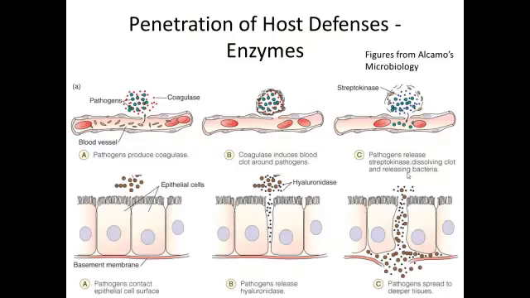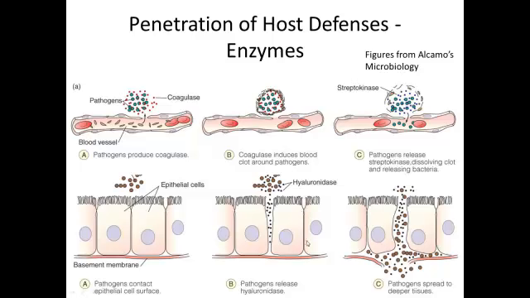Now here's another situation. We've got epithelial cells lining the mucous membrane, and we always have a basement membrane. This keeps stuff out. Well, a pathogen grabs a hold of these epithelial cells and produces hyaluronidase. That breaks down hyaluronic acid, which holds cells together.